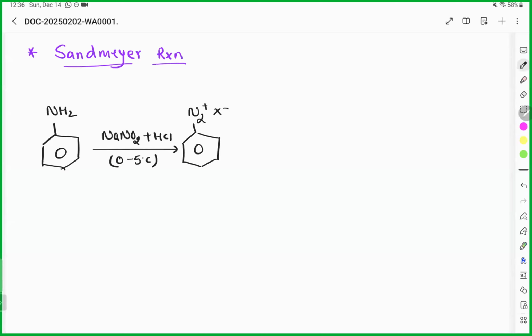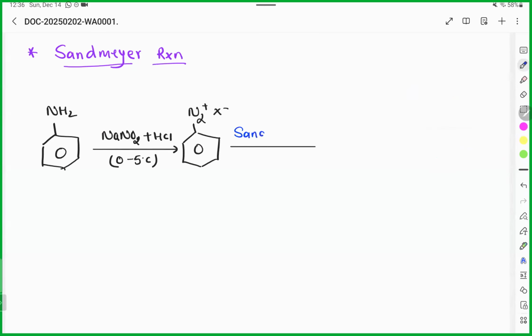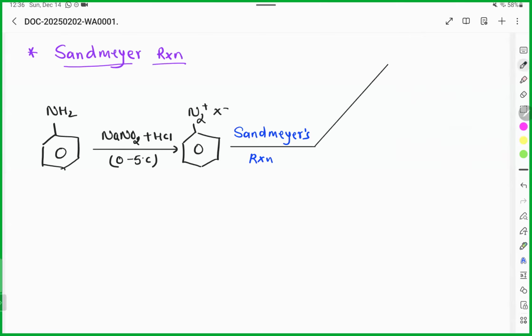Now, using this diazonium salt, you can further do the Sandmeyer reaction. I will write here. If you do Sandmeyer's reaction, you will add copper halide mostly. For example, if you add copper chloride and HCl, then what will happen?